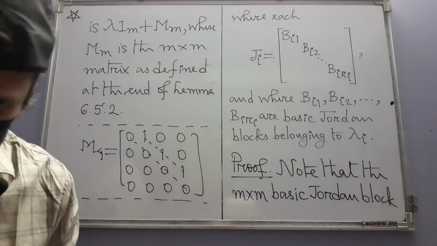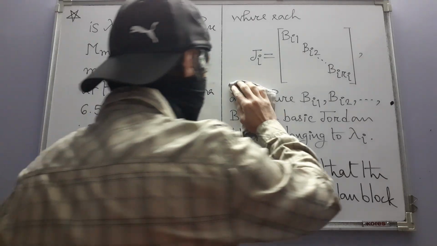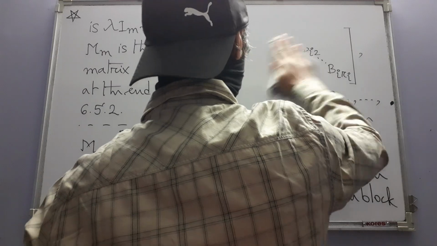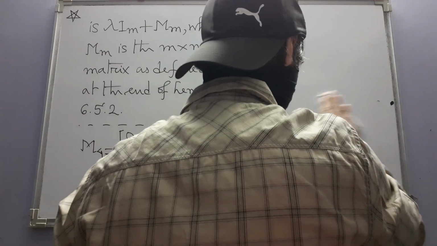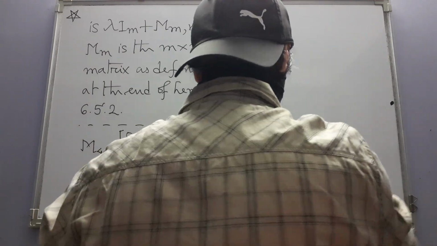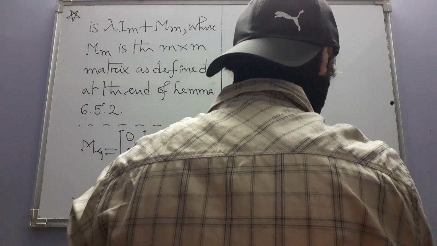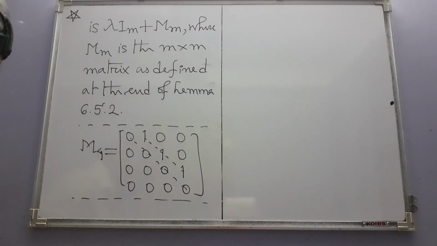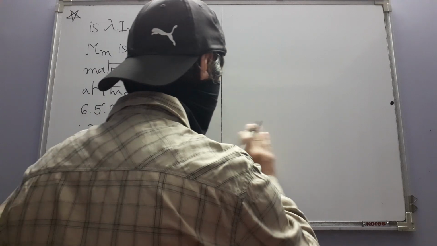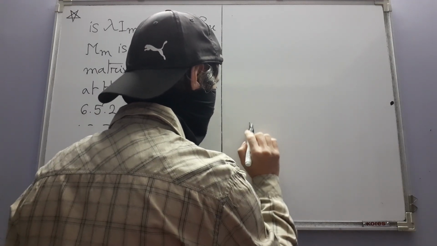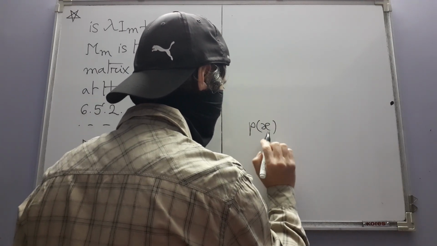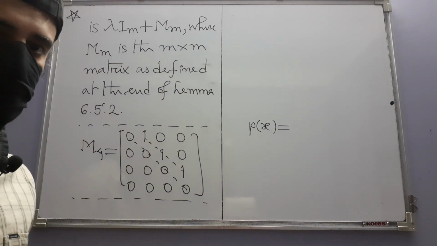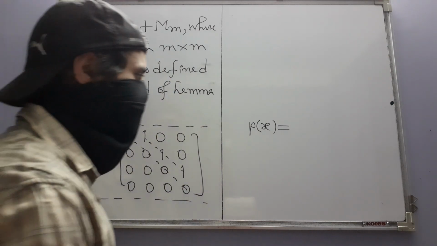Alright, next we go back to one discussion that we have already had about simplifying this result. You remember that we were considering the minimal polynomial of our operator in a previous discussion, in the previous video I think.